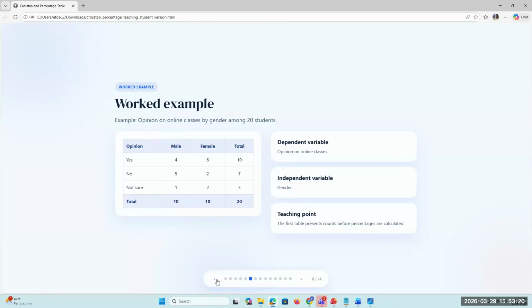Yes, 50. The last one is what? That is 3.33. So the last one is 1 divided by 3 times 100.